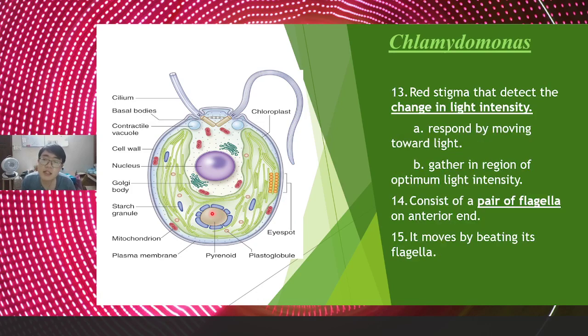Okay, next, it also contains a red stigma that detects the change in light intensity. So it responds by moving toward the light and gathering in the region of optimum light intensity. If the light intensity is very high, it will gather in the region of optimum light intensity based on the red stigma.